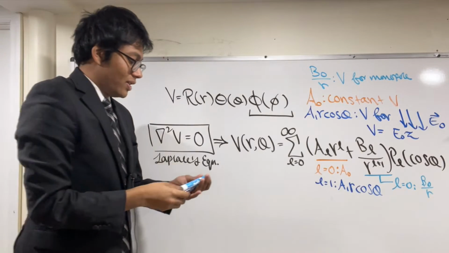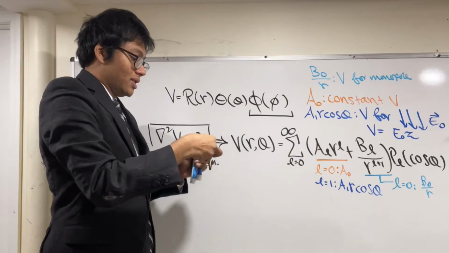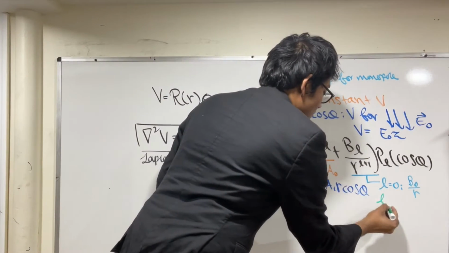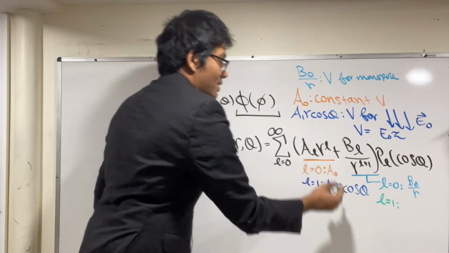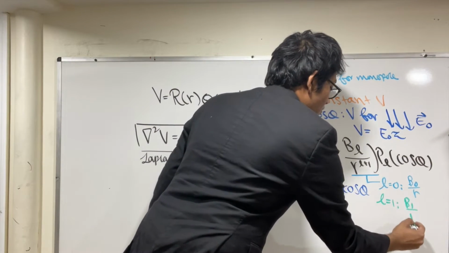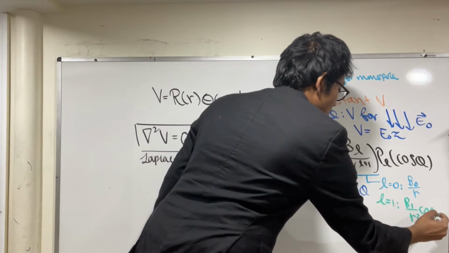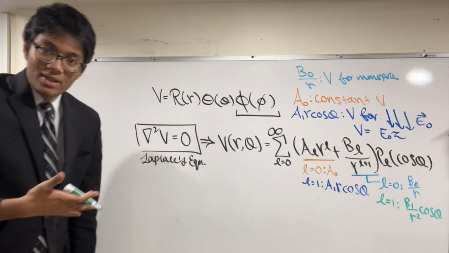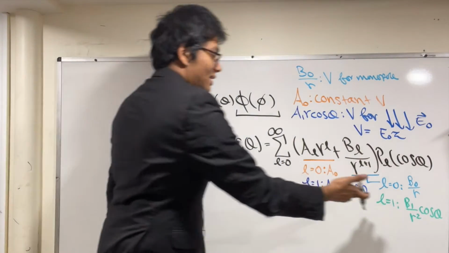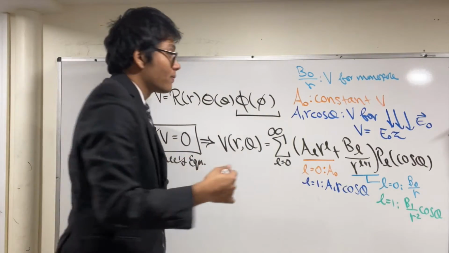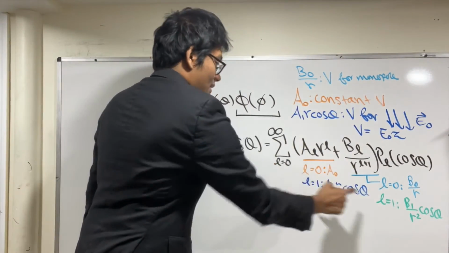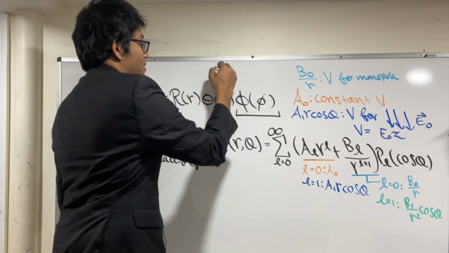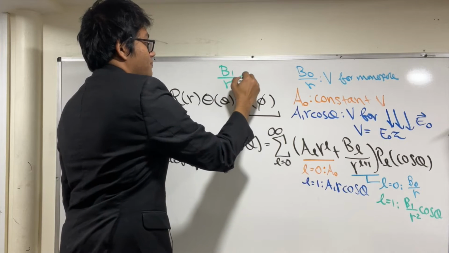And what if l equals not 0, but 1? Well, in that case, we would have B sub 1 over r squared cosine theta. As we explained in the previous episode, that is the potential for a dipole. So l equals 1 is the potential for a dipole.